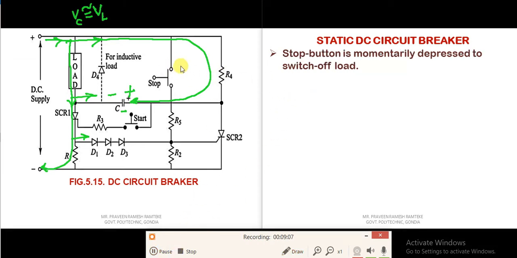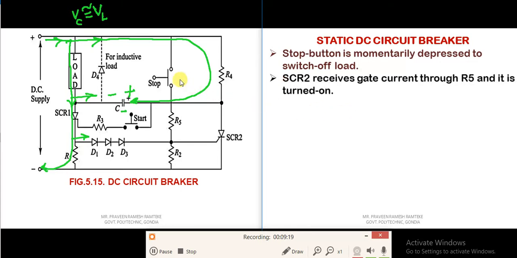As soon as this stop button is pressed, it will switch off the load. Then SCR2 receives the gate current through resistor R5 and it is turned on.